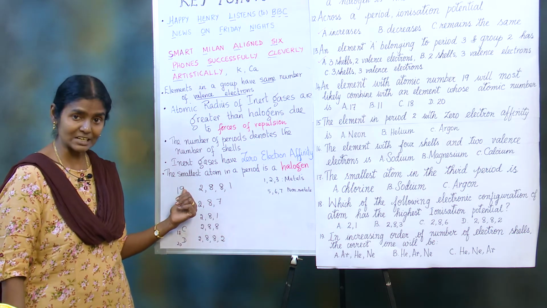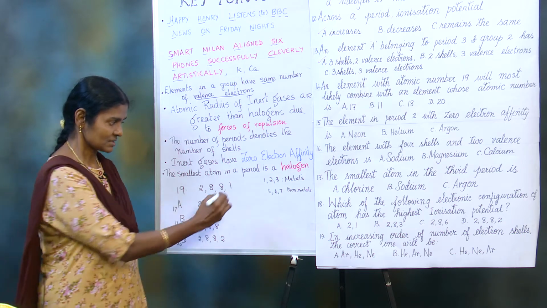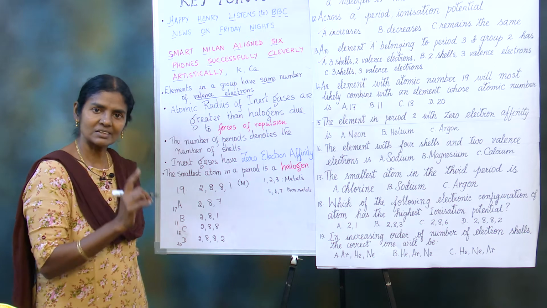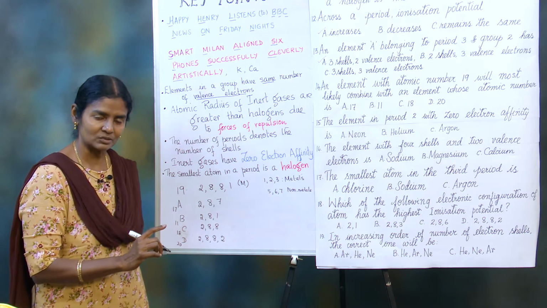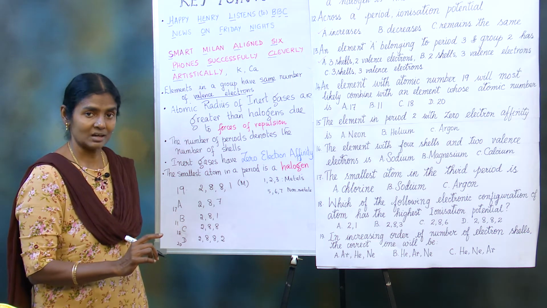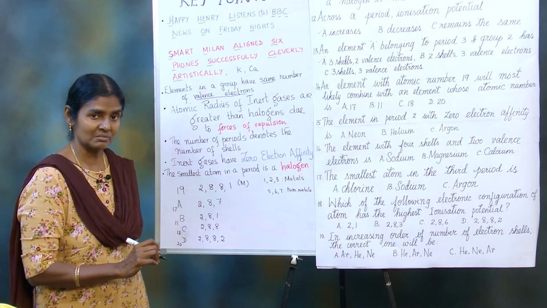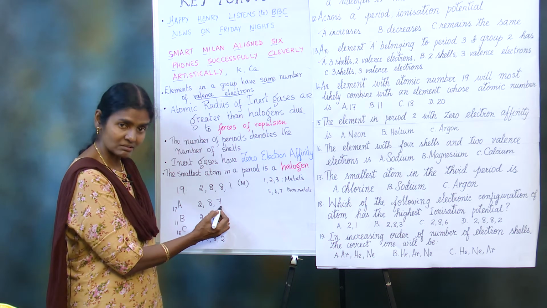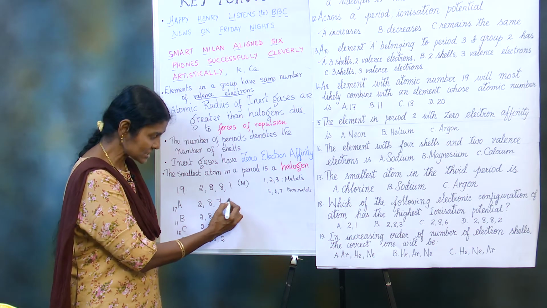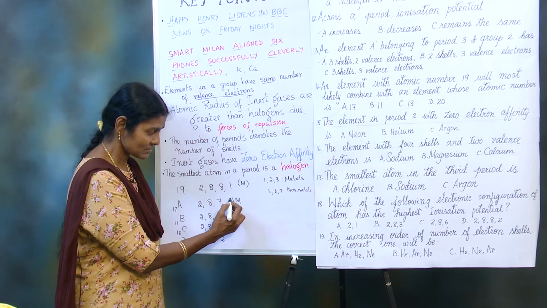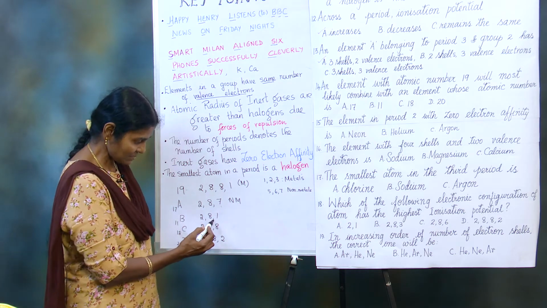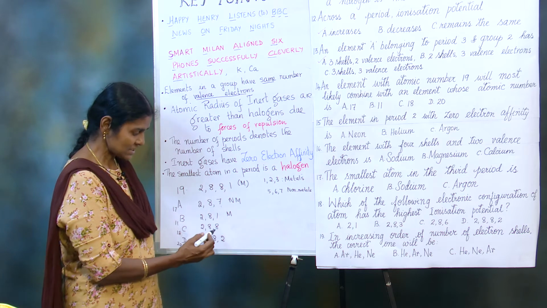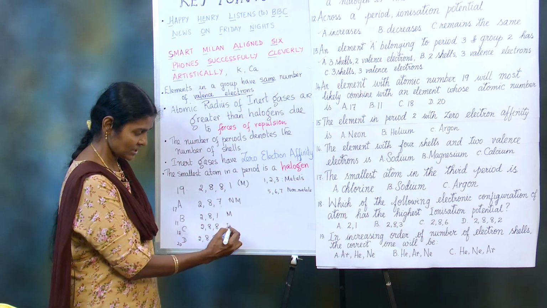Now this first element has 1, that means it is a metal. A metal will combine only with a non-metal. A metal will never combine with a metal. Now let us see. Is this a metal or a non-metal? It is a non-metal. Okay. Is this a metal or a non-metal? It is a metal. If it ends with 8, it is an inert gas.